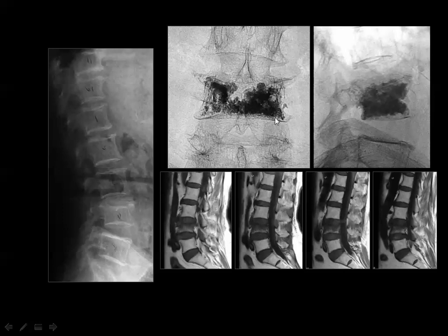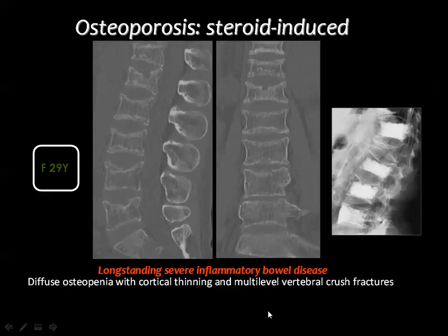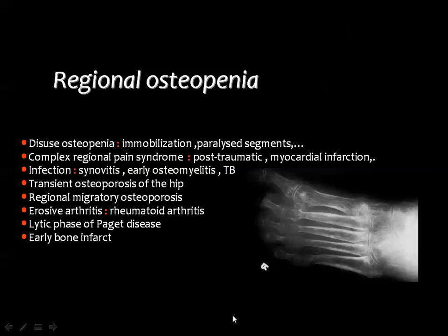Then this is the vertebroplasty. And this patient with severe inflammatory bowel disease treated by corticosteroids developed extensive osteoporotic changes in the spine with multiple vertebral fractures that were treated by vertebroplasty.